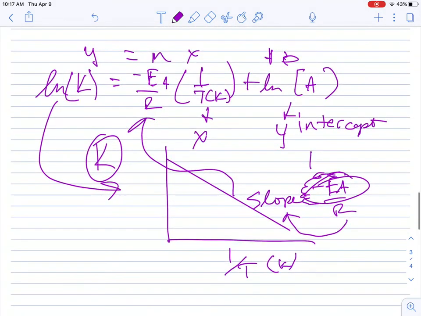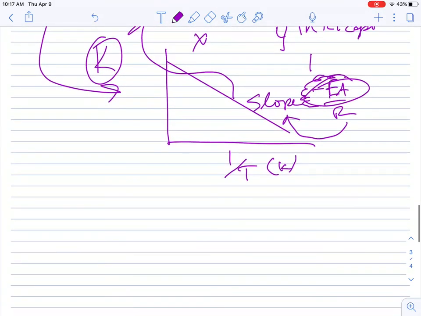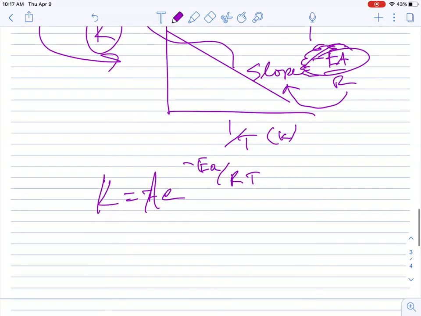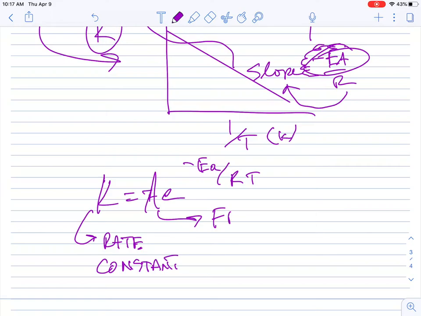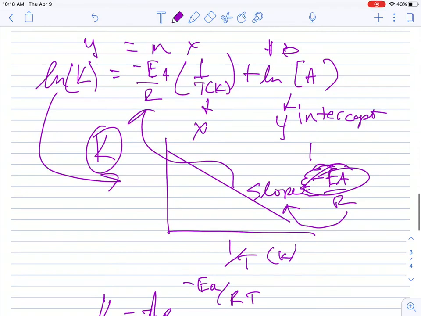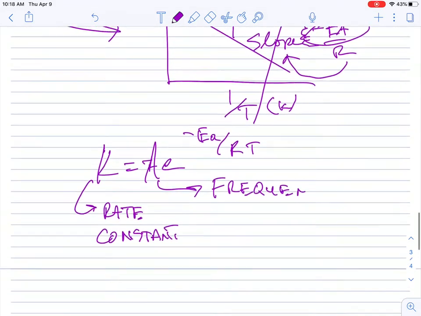Now, if you work backwards from this reaction, and this is one that if you need it on the test, I will give this to you, okay? Here's your rate constant again. And this A is what's called the frequency factor, which is the same A that's up here.